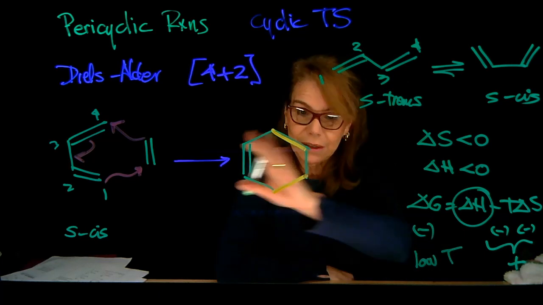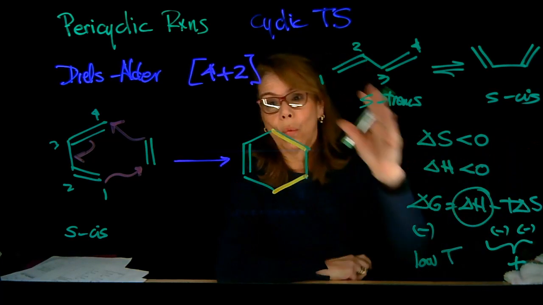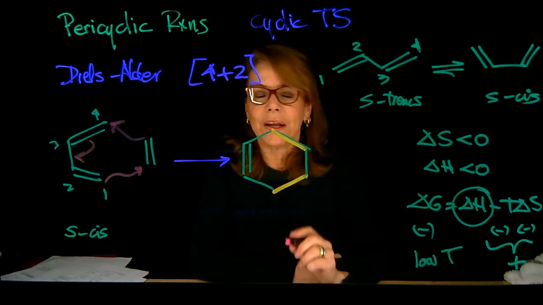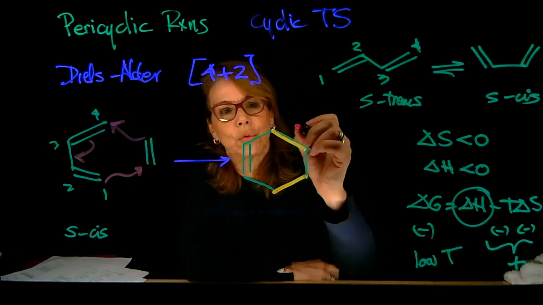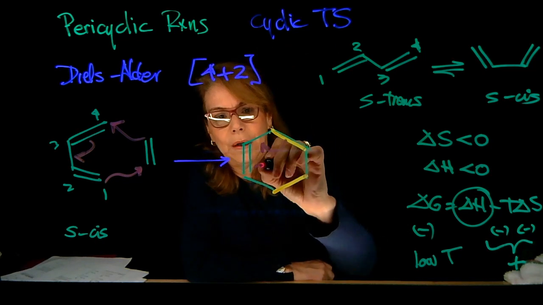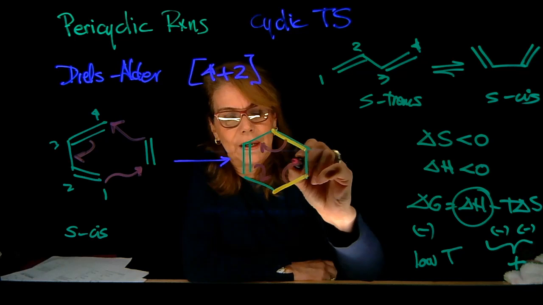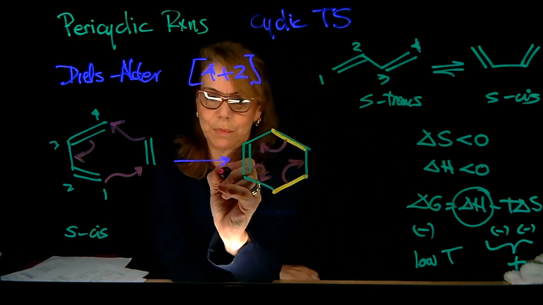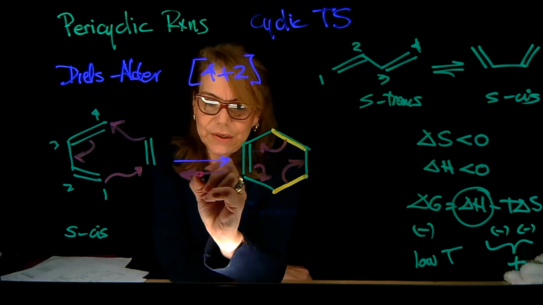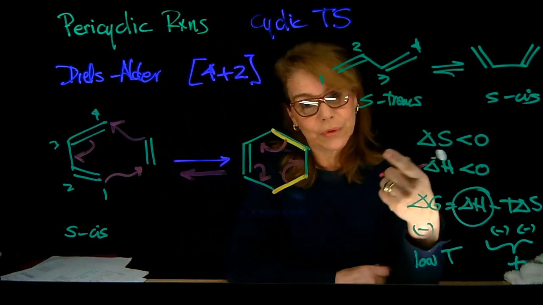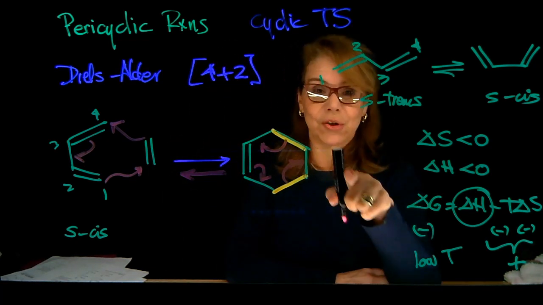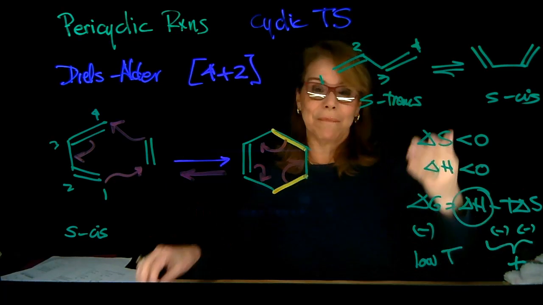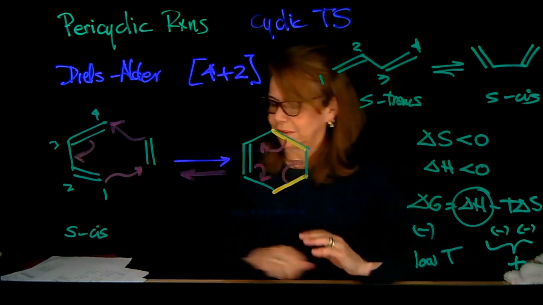So the cycloaddition is done at low temperature, but if we wanted the opposite reaction, the retro Diels-Alder, in which you will be breaking this bond, shown with the other arrows here, you will use higher temperature. In other words, if you want the addition, you work at low temperatures. Otherwise, if the temperature is too high, then you will have the retro Diels-Alder.